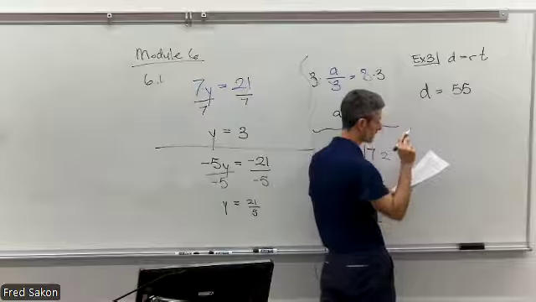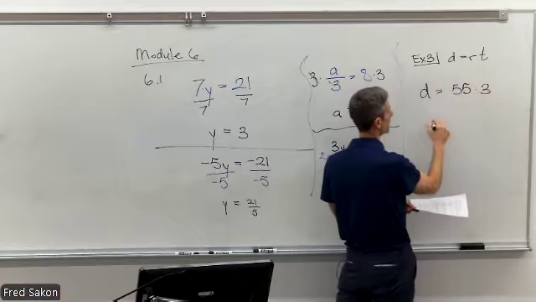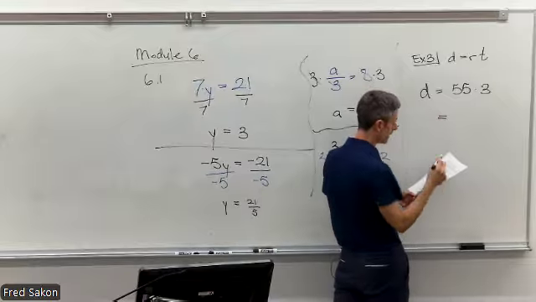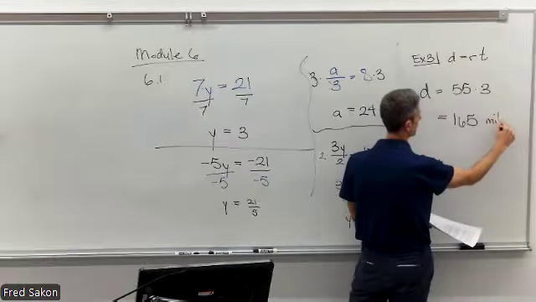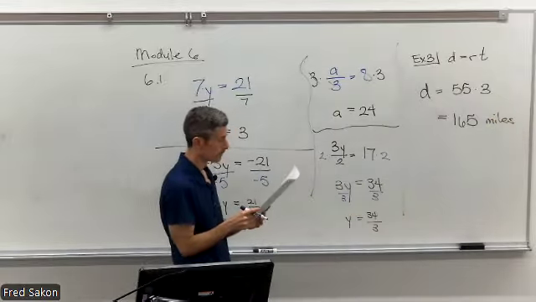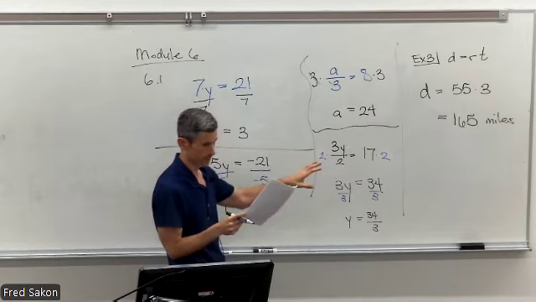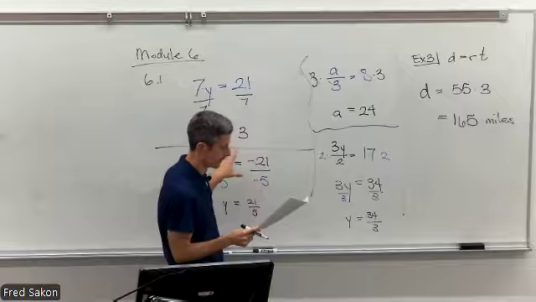How long? T, 3 hours. So we multiply those and we get 165 miles. It's an application of an equation there, more evaluating like we've done in previous weeks than having to solve like we just talked about.